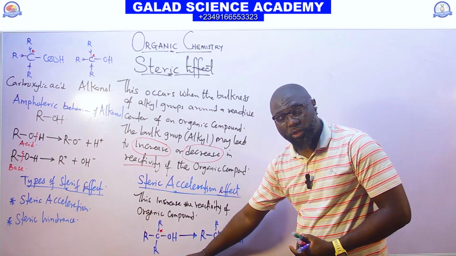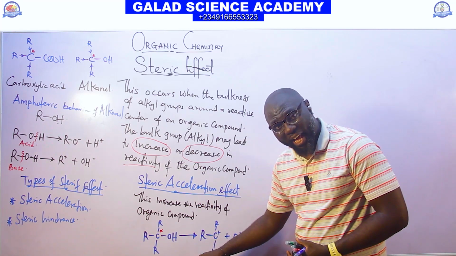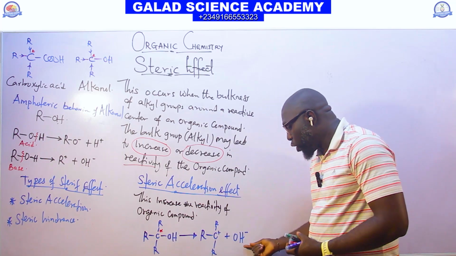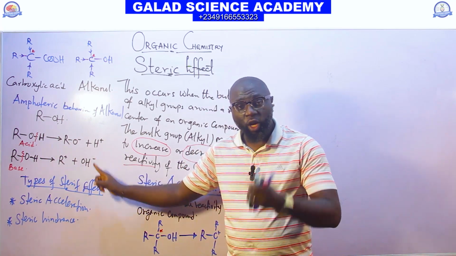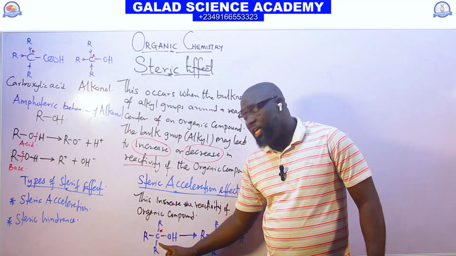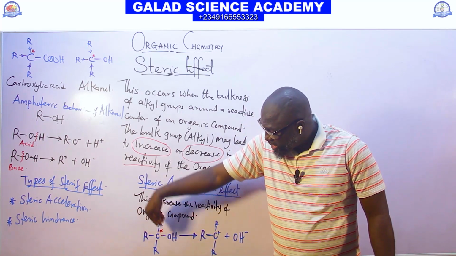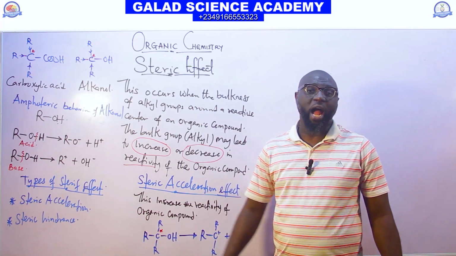This reaction will be fast. What makes this alkanol release OH, and not hydrogen ion? Because of the bulkiness of this alkyl group in this reactive center, and it favors the basicity of this alkanol.